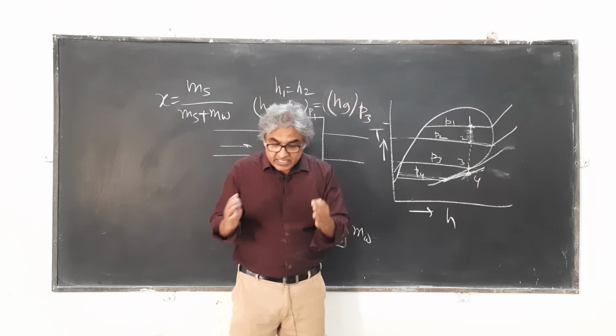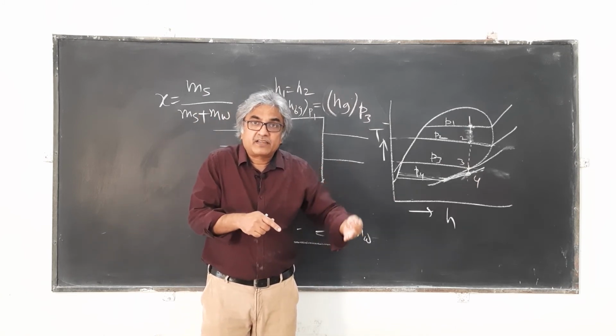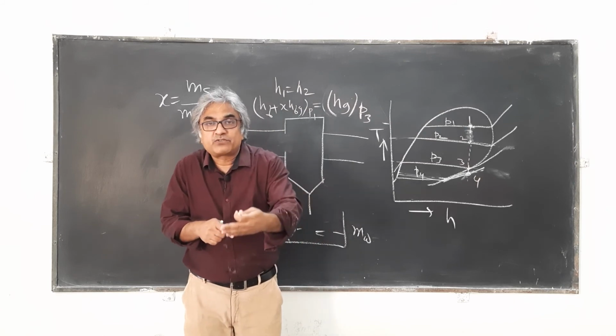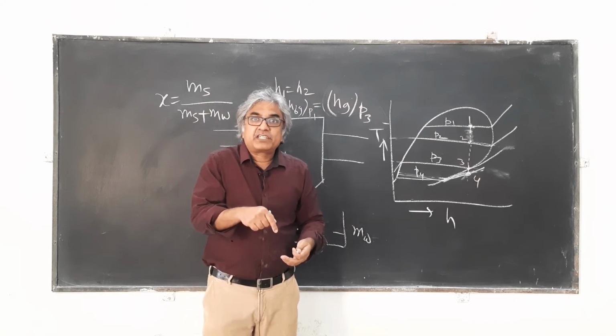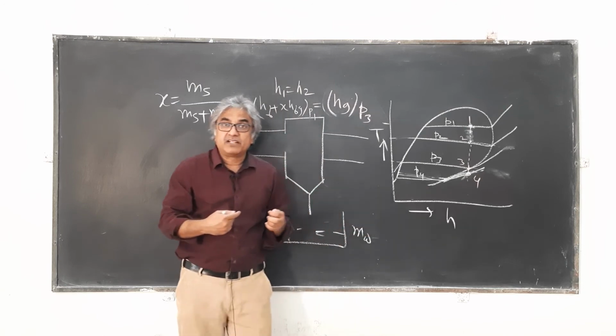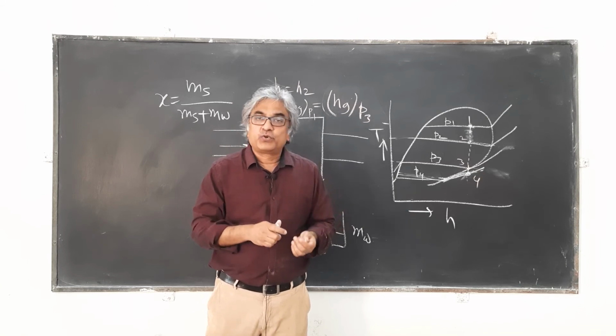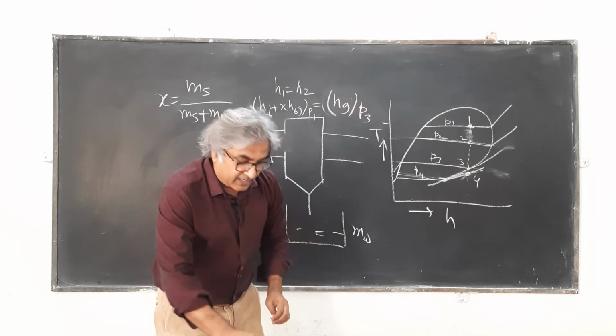But when you measure the temperature and the pressure after the throttling device, and the actual temperature is more than the saturation temperature from the steam tables, then you are sure that the steam is superheated.